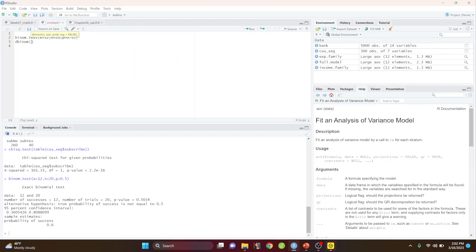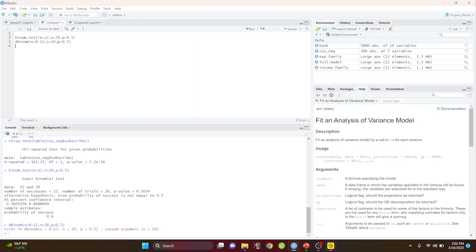Let's say we want to test probabilities between 8 and 12, instead of 12 only. Out of 20 trials, we want to test the same p-value. I'm not using this x. I can do that as well. I can do x like I did earlier, and then for this one also n, that is the sample size, and then p is the probability.